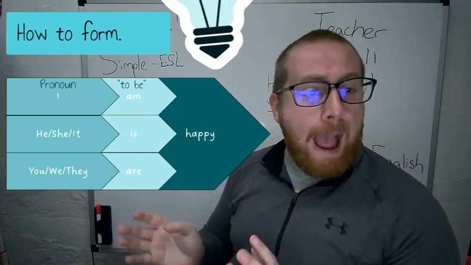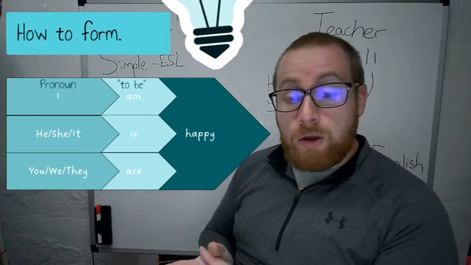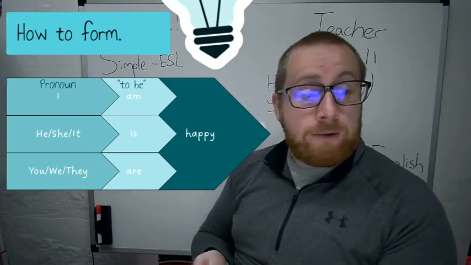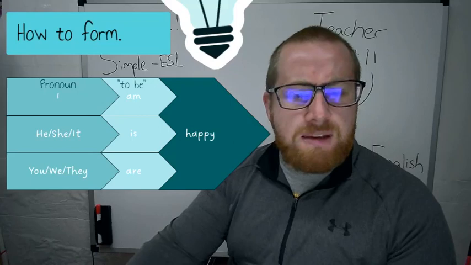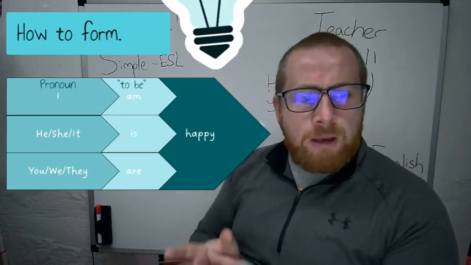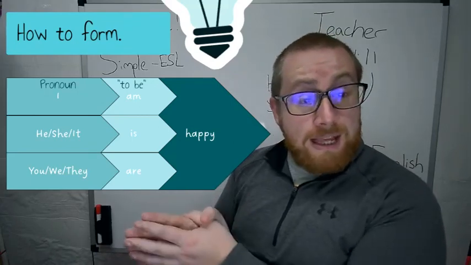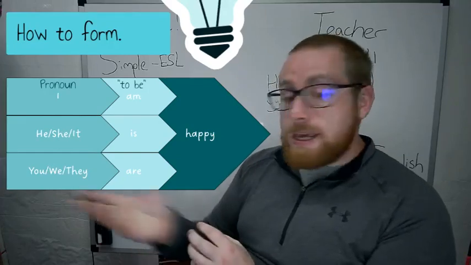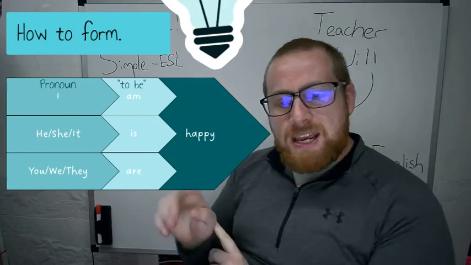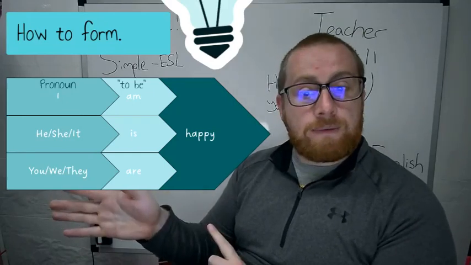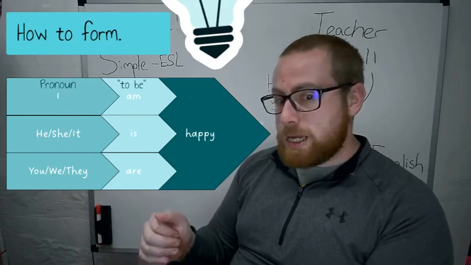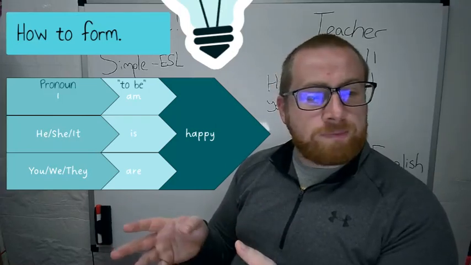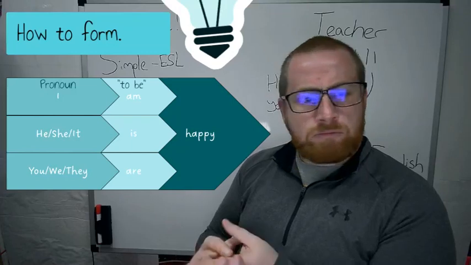I am a student. Use am with the pronoun I. He, she, it would use is. Use is with the pronouns he, she, it. He is happy. She is a doctor. A statement that's always true. She is a doctor. We, they, you would use are.